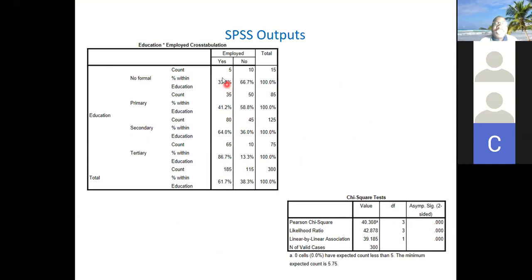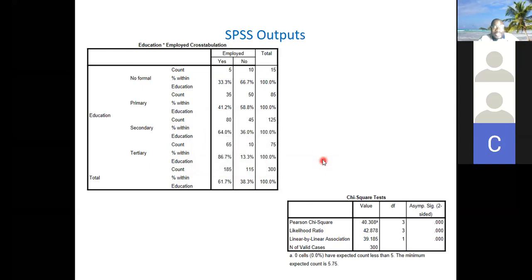The trend I am seeing here, we have interpreted it as the education increases, the percentage of people that are employed increases. In fact, trend is the easiest to interpret. Simple. Chi-square for trend and p-values is simple.